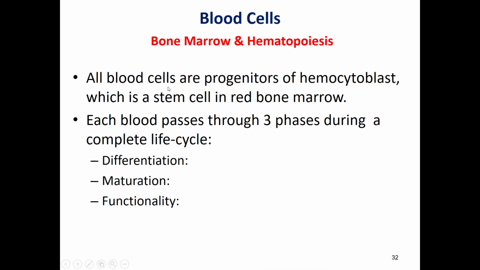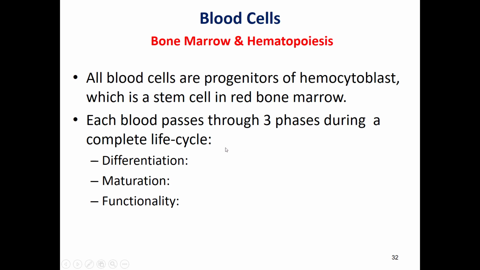So all the blood cells are progenitors of the hemocytoblast, the blood stem cell in the red bone marrow. This hemocytoblast passes through three phases in order to become a functional blood cell: a red blood cell, white blood cell or platelet.